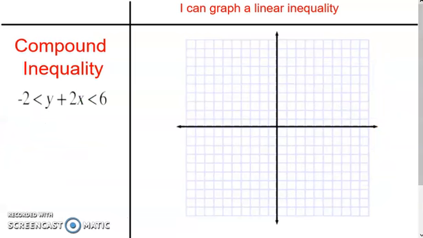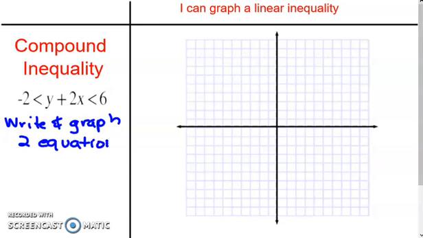All right, I want to do one last one, and this one is compound inequalities. So for compound inequalities, there are really two lines. So we're going to write and graph two equations. And those two equations are the left side, which is -2 y plus 2x.